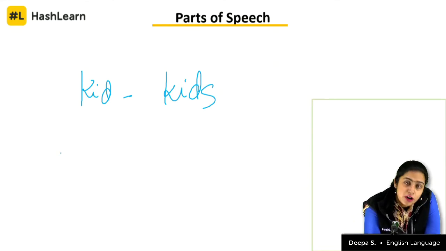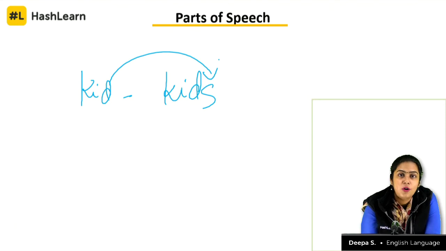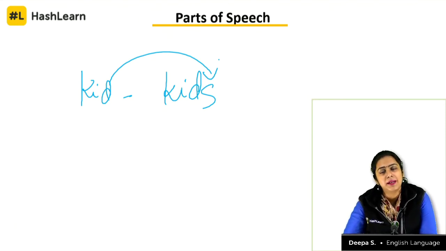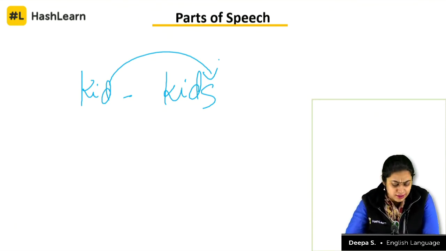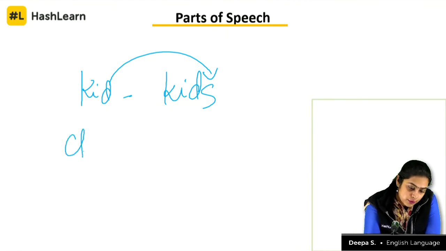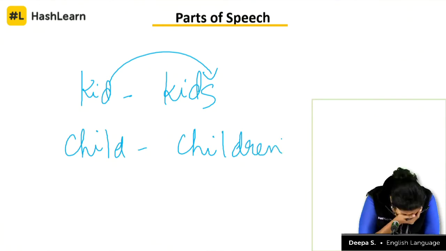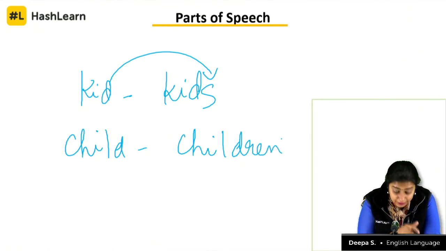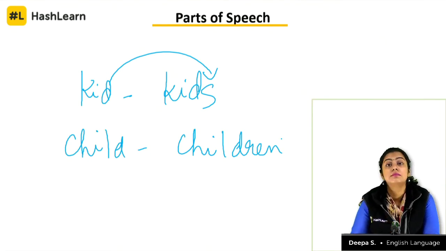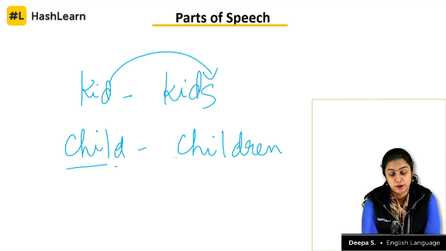Now, look at this. It is not as simple as that always. Although typically you just add an s to the end of the word to get the plural form, look at this: child, children. Child is the singular form.